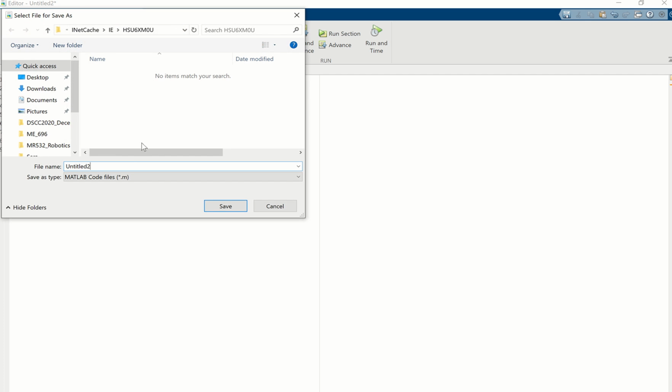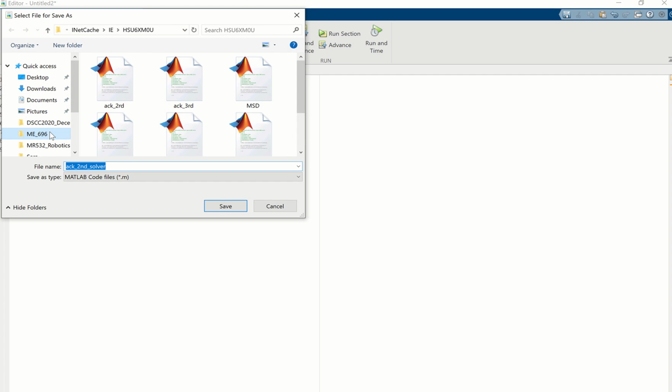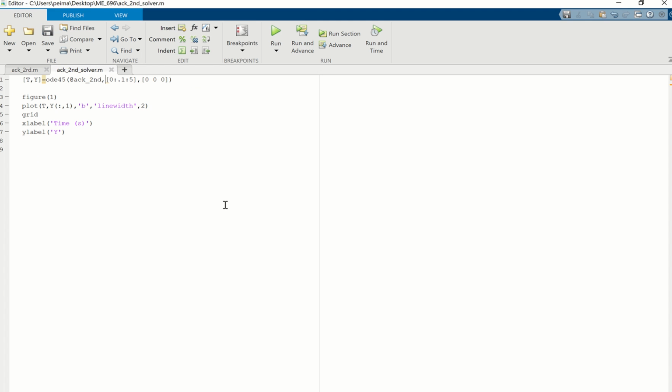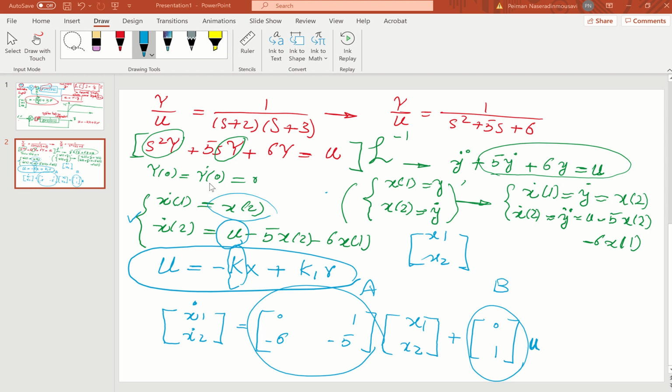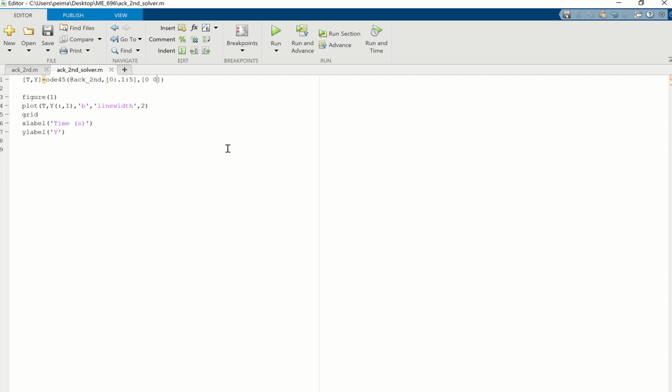And I have to save it as Ackermann second solver, in ME696. I saved it. So I have two state variables. Because I made this assumption that initial conditions are 0, I'm going to do that here at the same time.